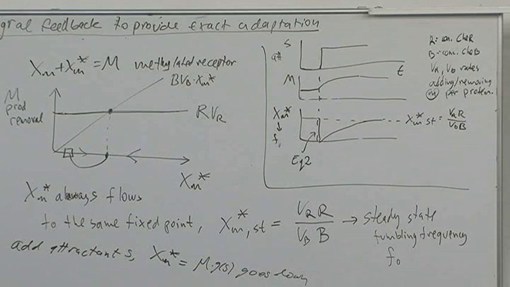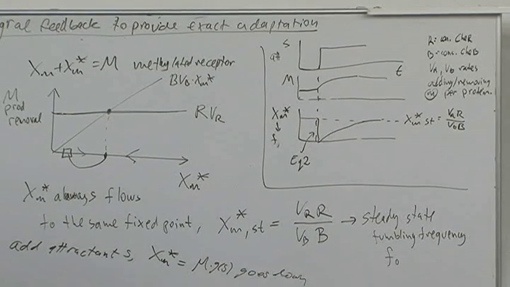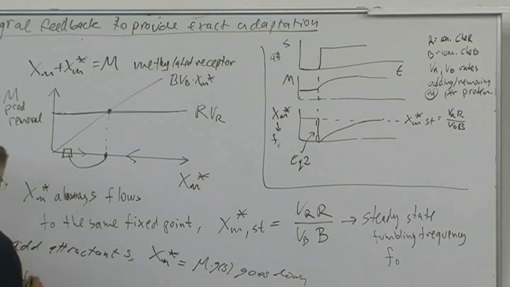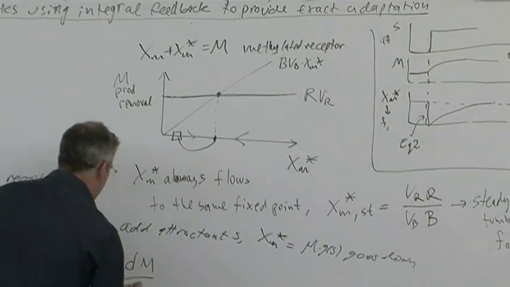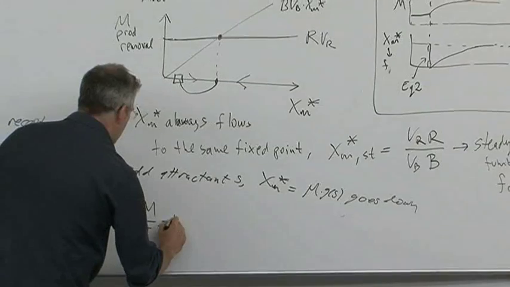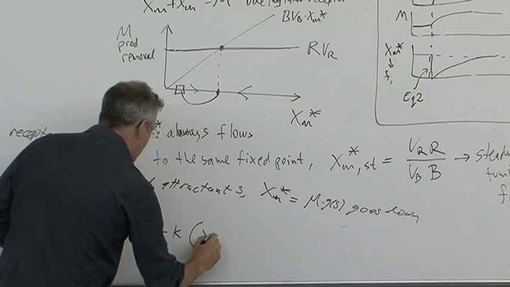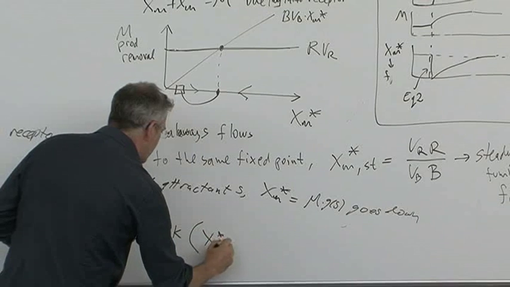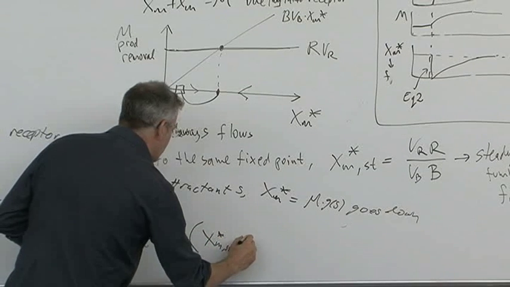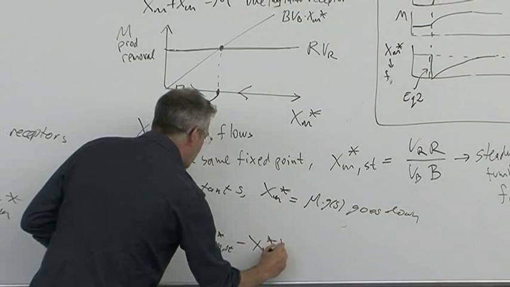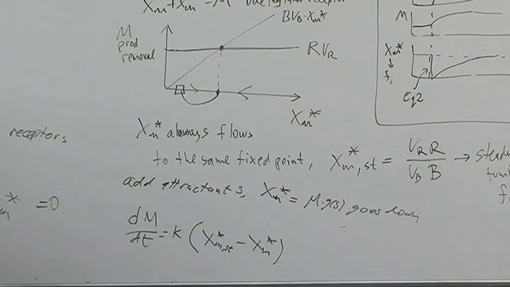Another way of writing this equation is that the rate of change of methylation is some constant times xm star steady state minus xm star.